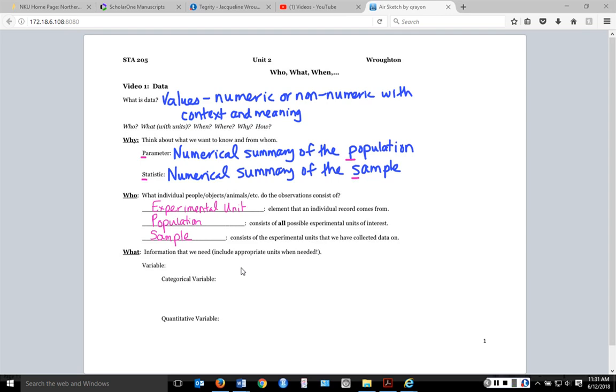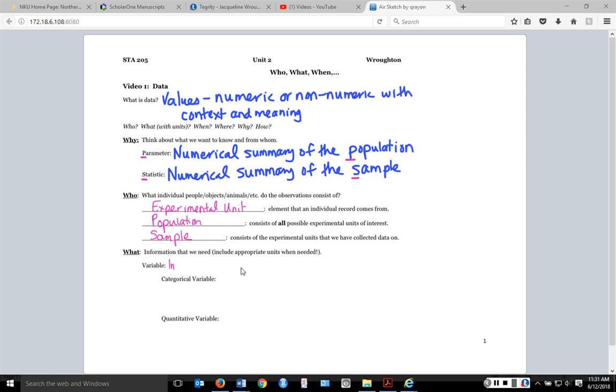All right. Now we know who we're going to sample. Now we know, well, what information do we want to get from our experimental units? So the first idea we have is that the information that we collect is what's called a variable.